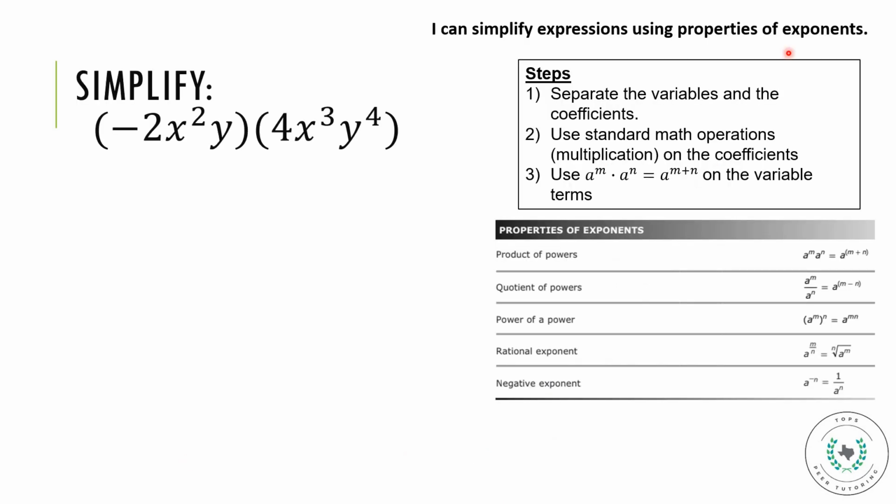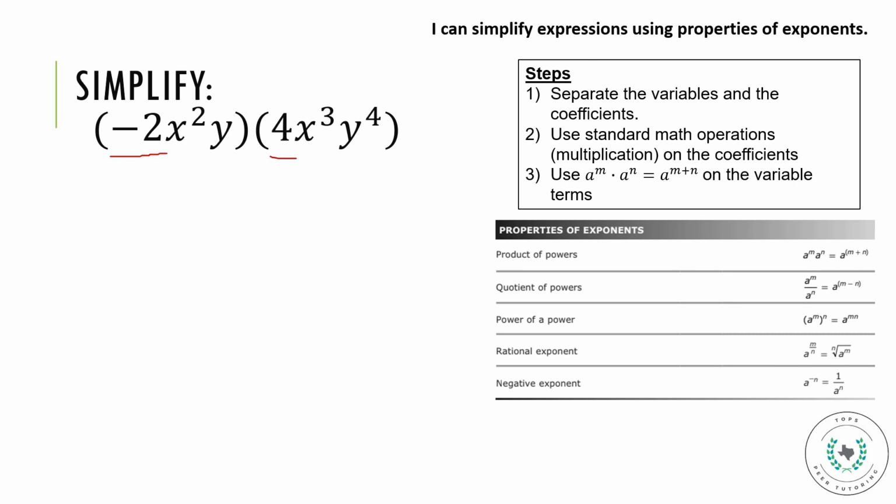So now we're going to use another example, given what we've already learned and what I just briefly explained. So first thing we want to do is split the coefficients and variables up. We're going to start off with the coefficients. The coefficients are just the normal numbers you would see in like second, third grade, even like first grade.